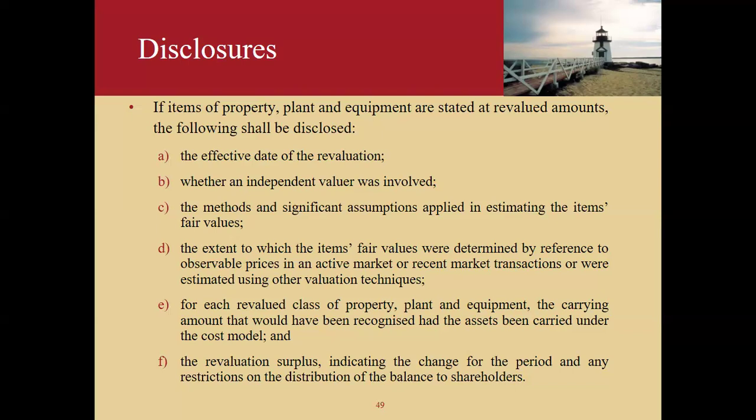For each revalued class of property, plant, and equipment, the carrying amount that would have been recognized had the asset been carried under the cost model, and the revaluation surplus indicating the change for the period and any restrictions on the distribution of the balance to shareholders.